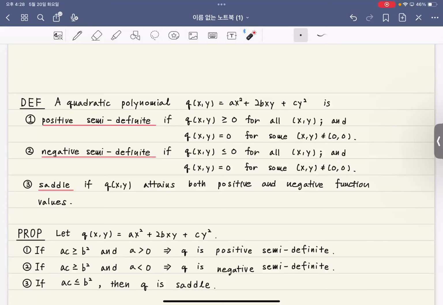I have a quadratic polynomial of two variables, x and y, and we say it is positive semi-definite if the function value Q(x,y) is greater than or equal to 0 for all x and y, and Q(x,y) equals 0 for some non-trivial x and y. If you can find such an x and y, then we say the function is positive semi-definite.